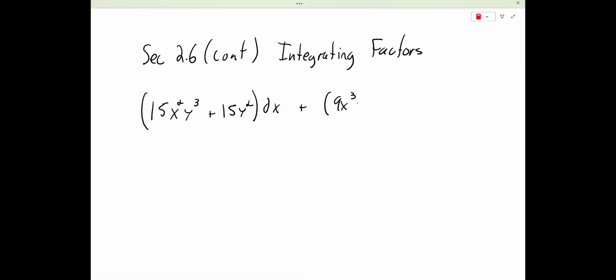Kind of a messy thing here. Let's see what this differential equation is. And this is not exact. It's not an exact equation.